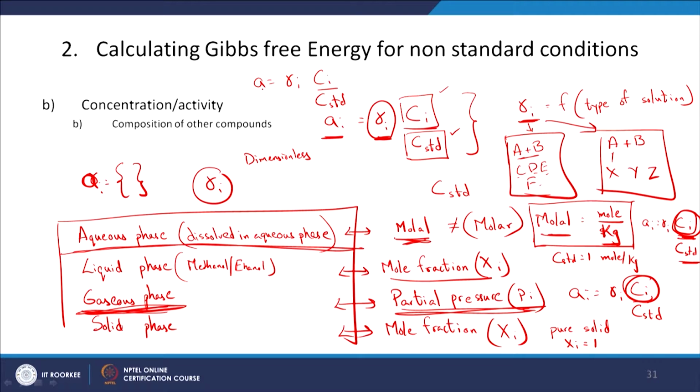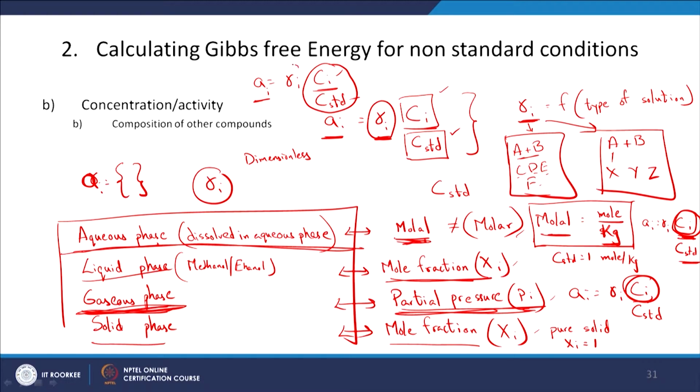We are trying to calculate activity here, and for that we just looked at how to calculate this ratio. C standard is equal to 1 for these different concentration units we just discussed, and Ci needs to be defined in molal units for the aqueous phase, in mole fraction for the liquid phase, in partial pressure for the gaseous phase, and again in mole fraction for the solid phase.